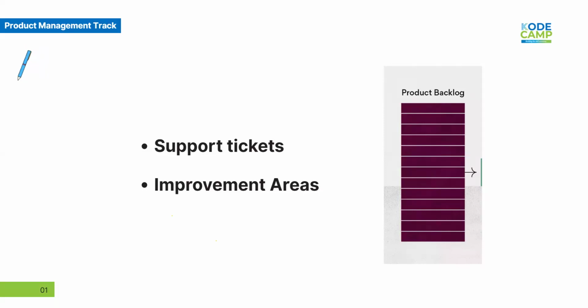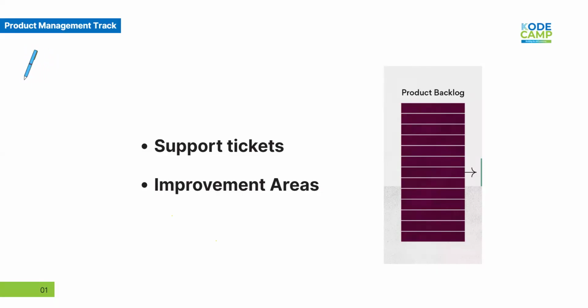And the last one for now, one of the most important, is improvement areas. This is you polishing what already exists, right? Sometimes the product works, but not well enough, right? It's functional, but it's not delightful. The flow is there, but it's somehow clunky. That's where improvement stories come in.